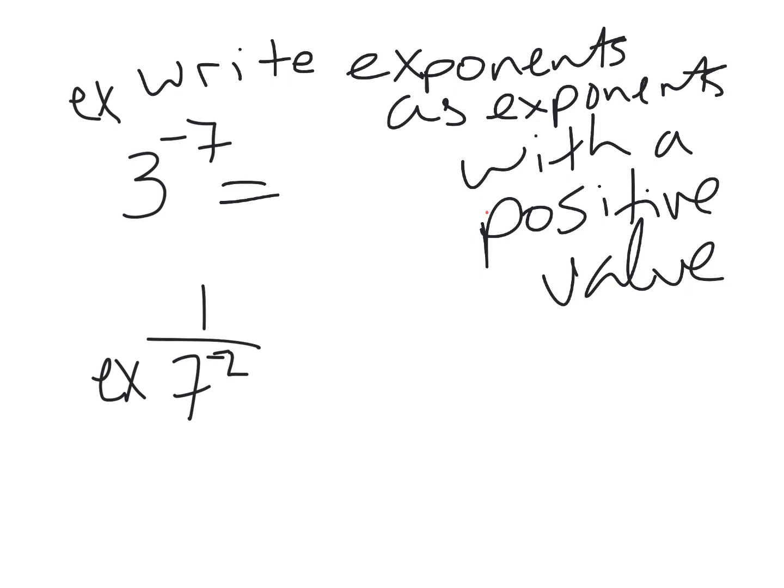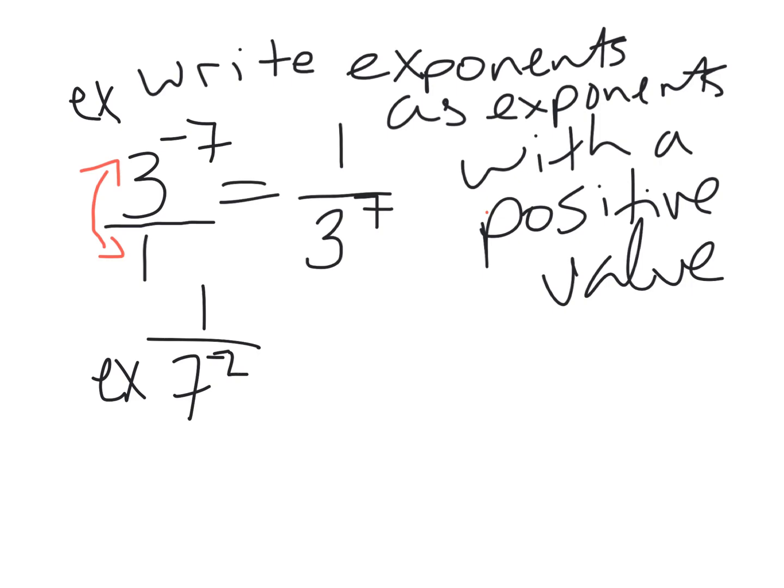So you have to use something called the reciprocal. You should know that 3 to the power of negative 7 is also 3 to the power of negative 7 over 1. When you want to make this exponent positive, you have to literally take that and flip it. So the 1 of the denominator becomes the numerator, and the 3 to the power of 7 becomes the denominator.